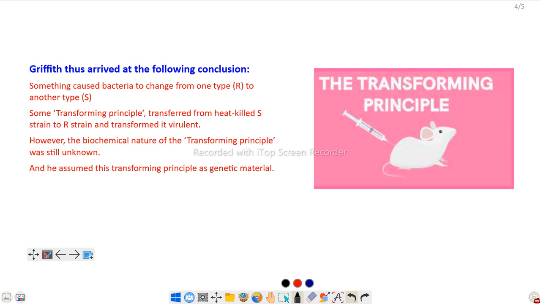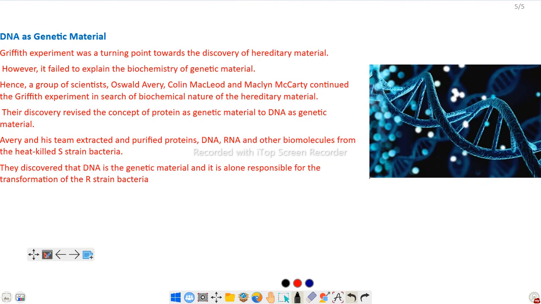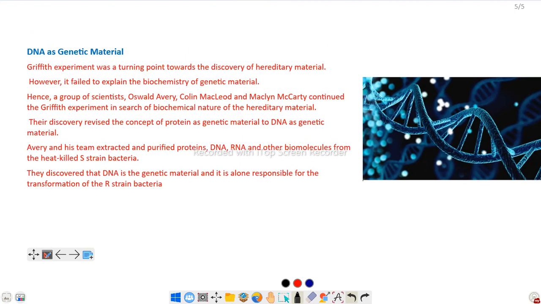After Griffith, three scientists, Avery, MacLeod and McCarty, started the Griffith experiment again, as the Griffith experiment was the turning point toward the discovery of a hereditary material.